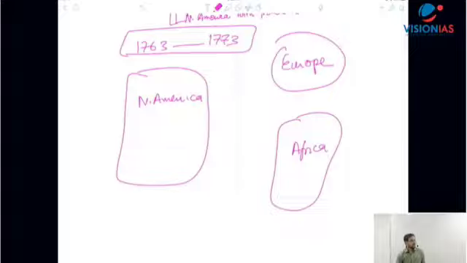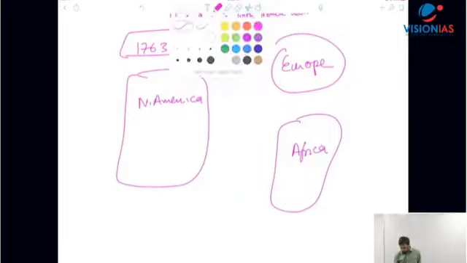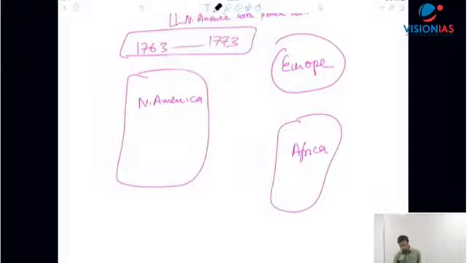The Navigation Acts had a very simple principle: the British North American colonies had to trade only and only with Britain. They could sell their goods only to Britain and buy goods only from Britain. If they had to buy or sell goods to a third party apart from Britain, they had to go through Britain.